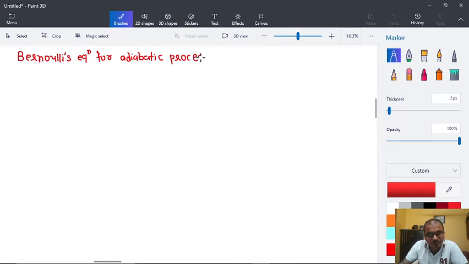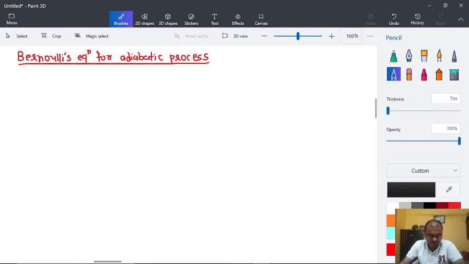So this is what we are going to derive. Here, P divided by rho raised to k is equal to constant, as we all know, and let's say this is C1.